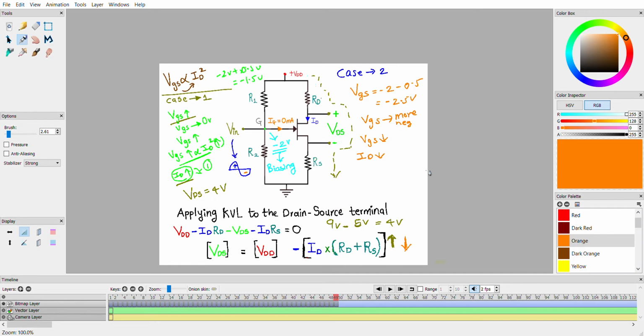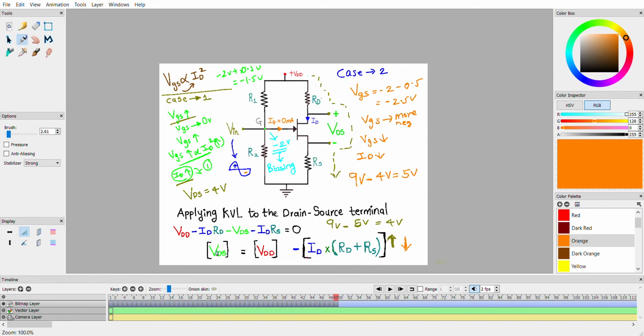Again, I will give one example. Our VDD is fixed, let's say 9 volts, minus. Since our ID has decreased, I will consider this whole bracket, ID into RD plus RS, as let's say 4 volts. So our answer would be 5 volts.